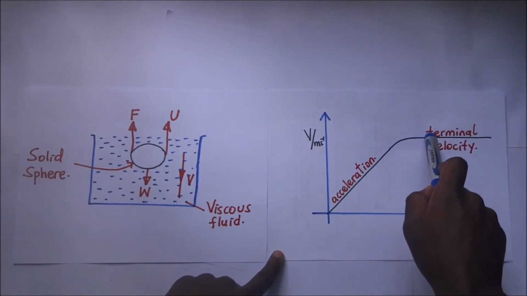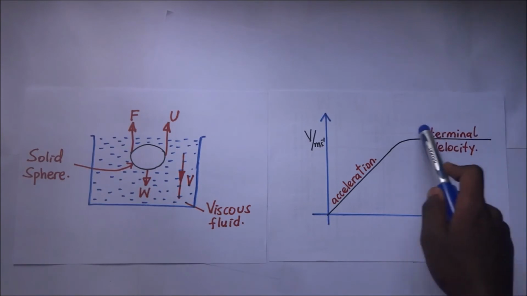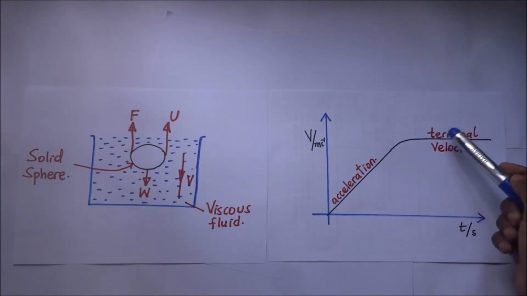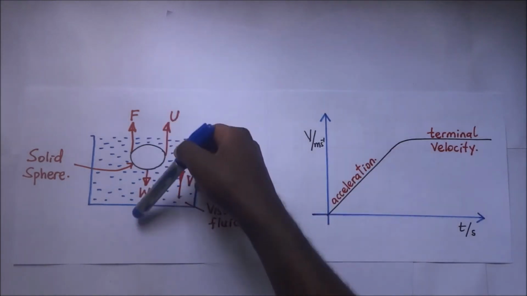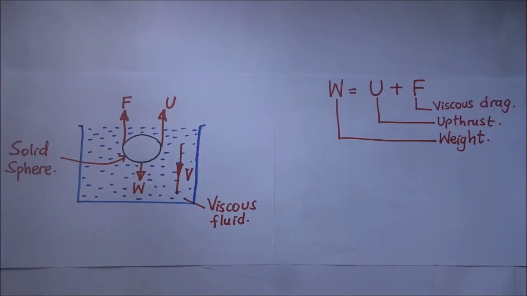That constant velocity is what we are calling terminal velocity, and by definition, terminal velocity is the maximum constant velocity that is attained by a body when it is falling through a viscous fluid. So let's take a look at this.